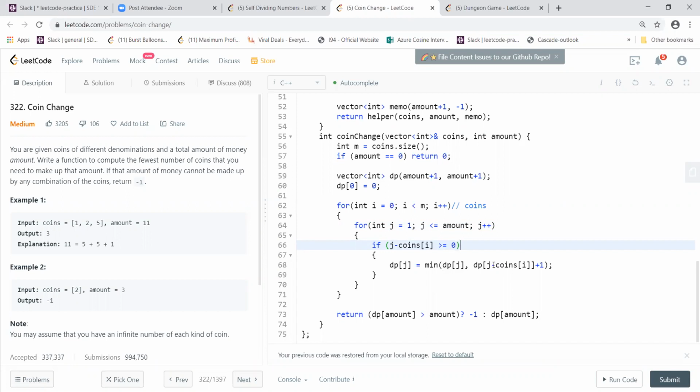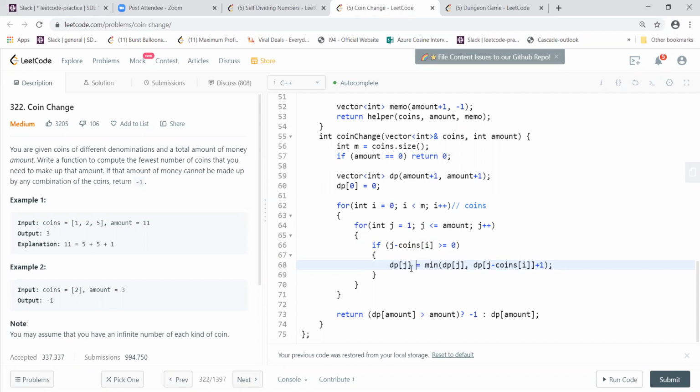Here I subtract coins[i] from j, the amount, add 1 to it, and see which is the minimum: either the previous value was minimum or this one is, and then reset that array value.